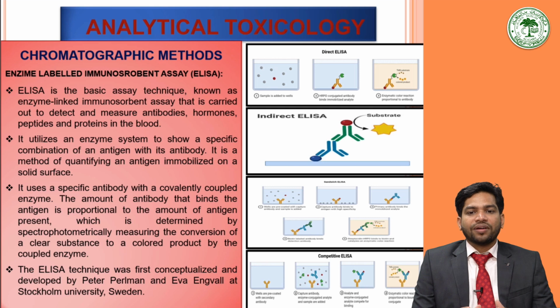The amount of antibody that binds to the antigen is proportional to the amount of the antigen present, and is determined spectrophotometrically by measuring the conversion of a clear substance to a colored product by the coupled enzyme. The ELISA technique was first conceptualized and developed by Peter Perlmann and Eva Engvall at Stockholm University, Sweden.